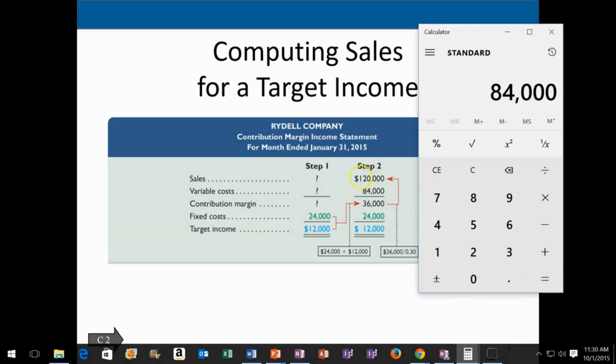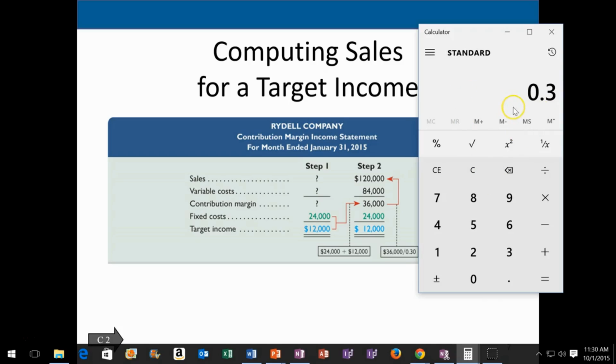Now we can back into some of these numbers and say, okay, where did that 0.3 come from? We got it from a per unit contribution margin, but if we take the total contribution margin, which is 36, and we take 36,000 divided by the sales of the 120, that's our 0.3 or 30% if we move the decimal 2 places over. So that's our contribution margin.